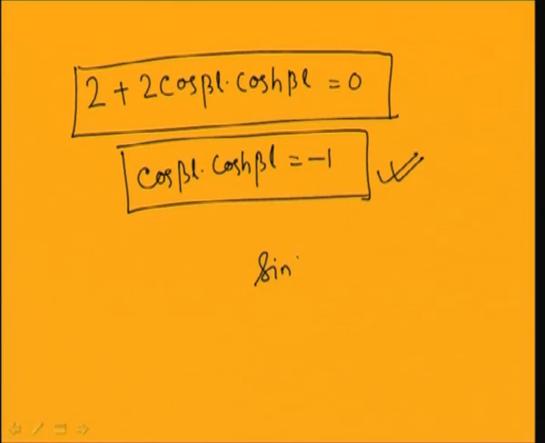So this is the frequency equation one can obtain in case of the cantilever beam. If you recall, for the simply supported beam you obtained the frequency equation sin beta L equal to 0.